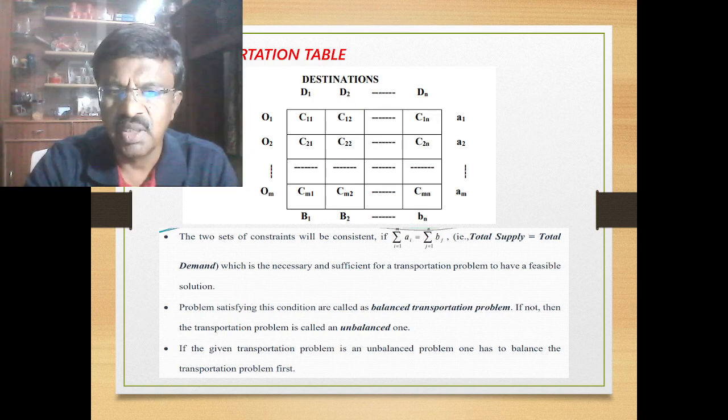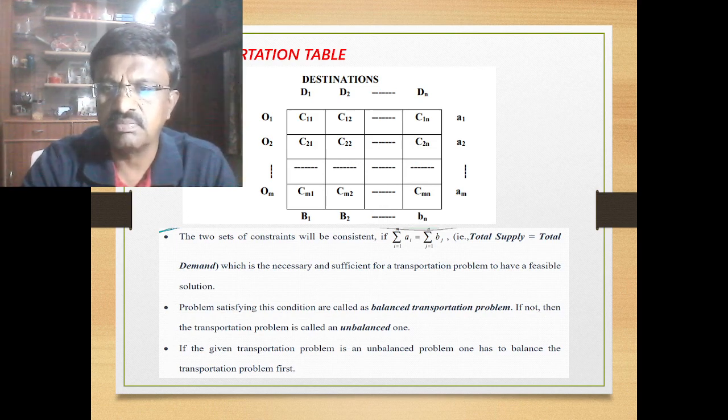Otherwise, it is unbalanced. Any transportation algorithm to solve the given transportation problem can be used only for balanced problems. So, if the given problem is unbalanced one, we have to make it into a balanced one. We will see this later.